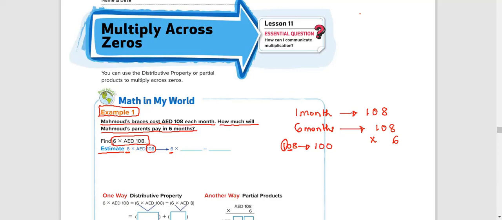When the next number is 0, 1, 2, 3, or 4, that is less than 5, then you have to round down. The 1 remains the same, the remaining 2 numbers turn to 0. So this is 100. And this is easy to multiply using mental maths, as 6 times 1 will give you 6 with 2 zeros. So your estimate is 600.